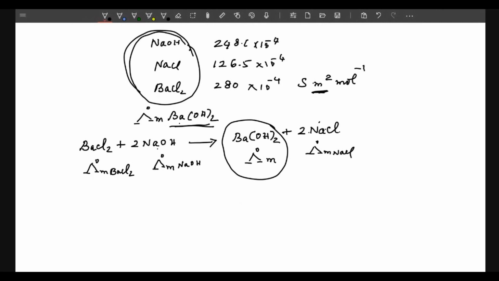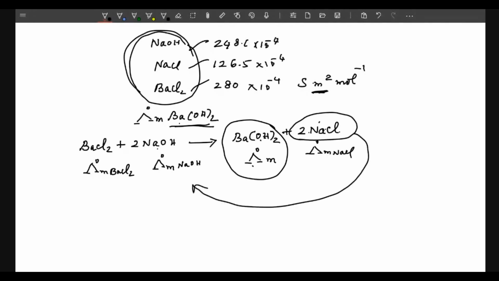You are provided with this data. Therefore, this can be calculated. Take this to the other side, that is minus. Therefore, lambda naught M of the barium hydroxide would be equal to the lambda naught molar conductance of the barium chloride.